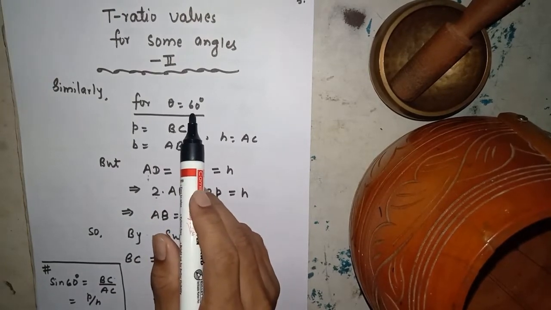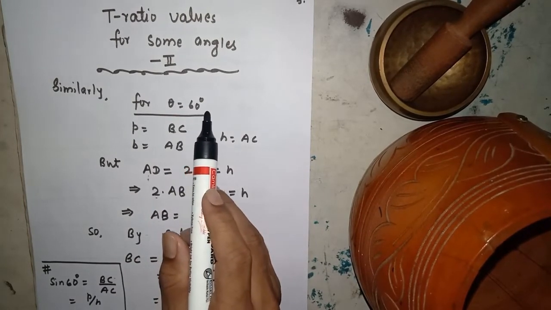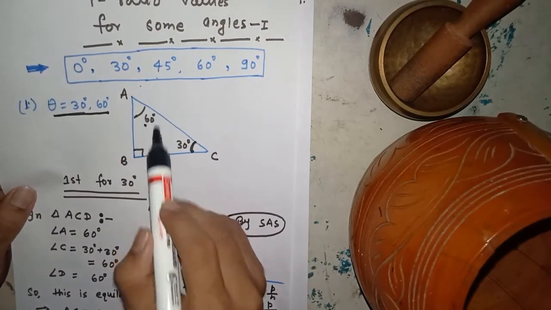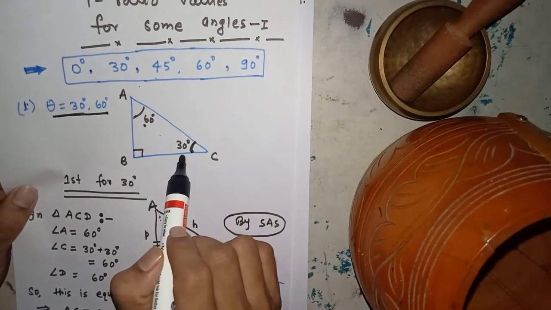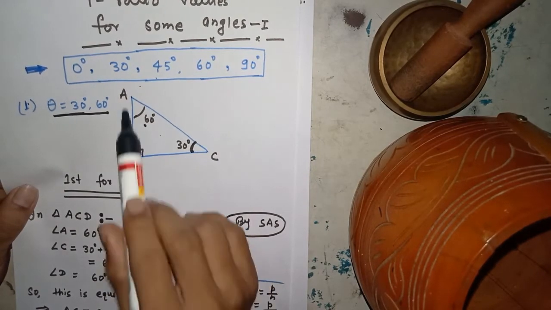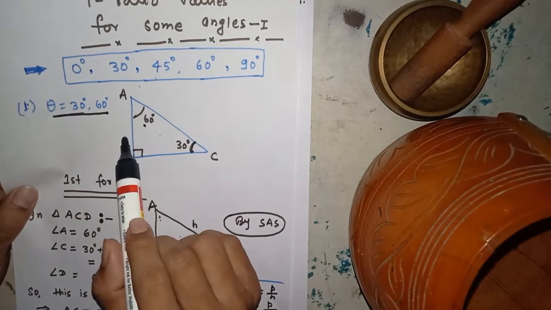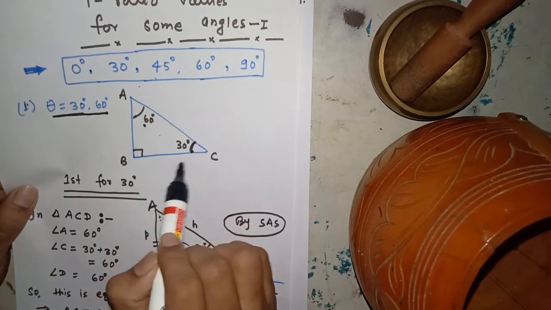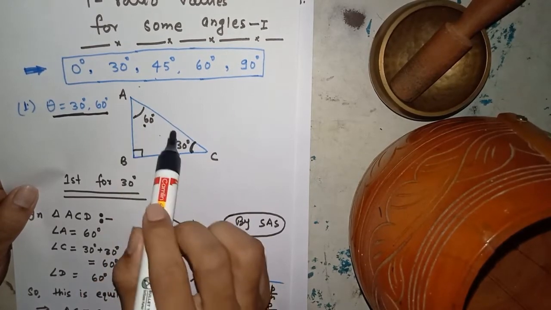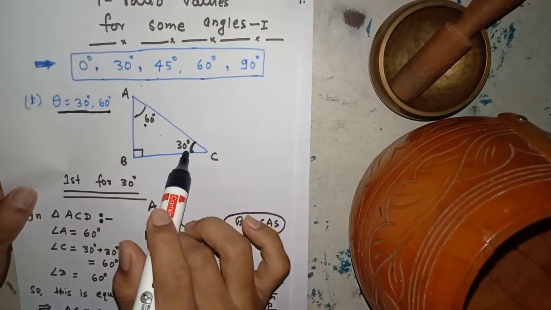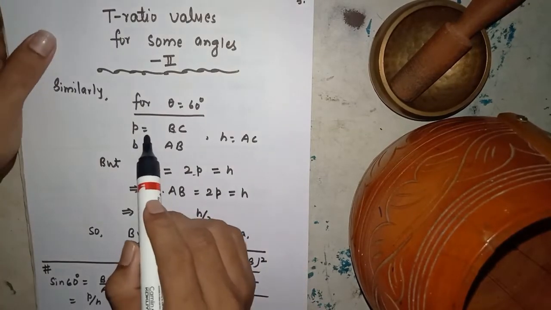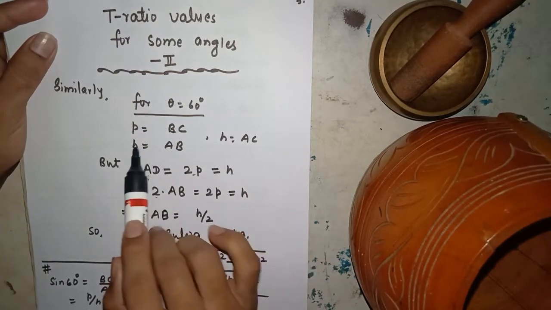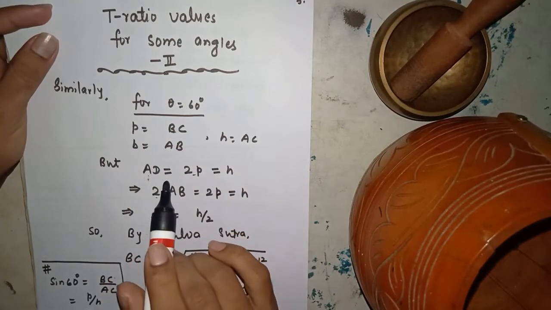So we have already shown you that for theta equal to 60 degree, BC is perpendicular and AB is base, and AC is the hypotenuse for all cases. So here I have written that BC is equal to P, AC is H and AB is B. Have you got my point?